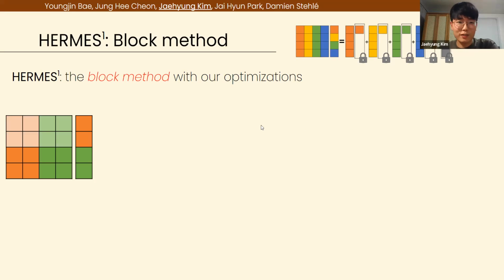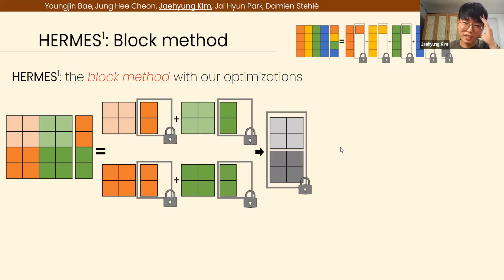Let me describe our method. Instead of reading the plaintext matrix by its columns, we read it by blocks. For this specific example, we decompose the matrix into 2x2 blocks. The orangish blocks are multiplied with the orange block of the secret key, and greenish for green. So we can decompose it like this.